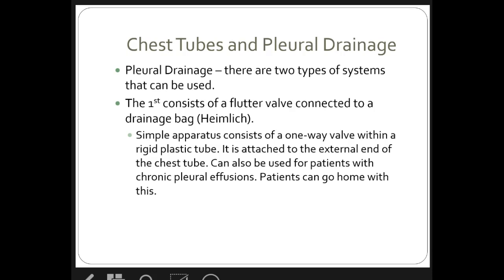It's a very simple apparatus that consists of a one-way valve within a rigid plastic tube. It is attached to the external end of the chest tube. This can be used for patients with chronic pleural effusions so that they can go home with these to continue to drain those chronic effusions for that patient.